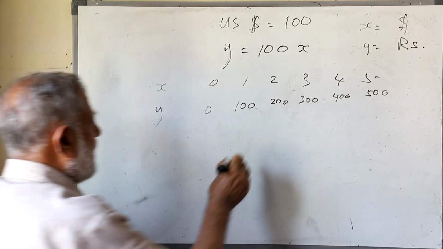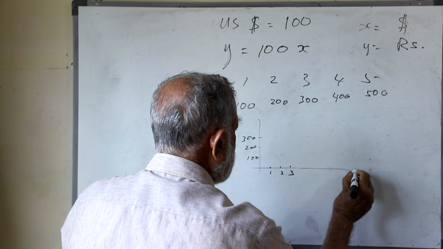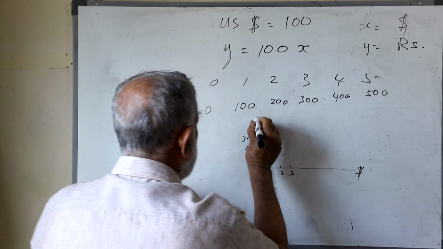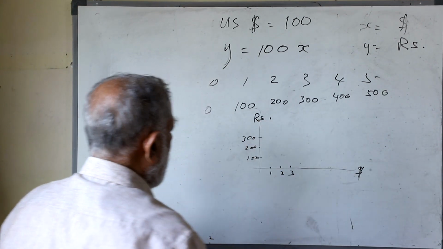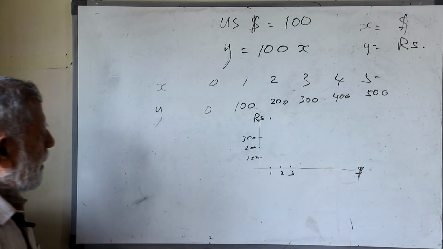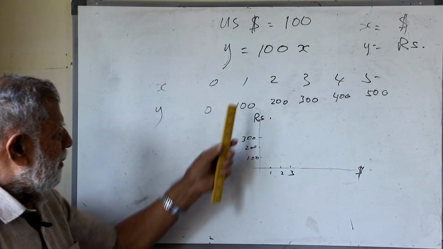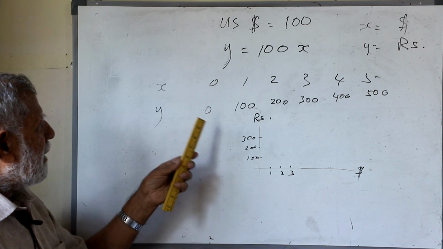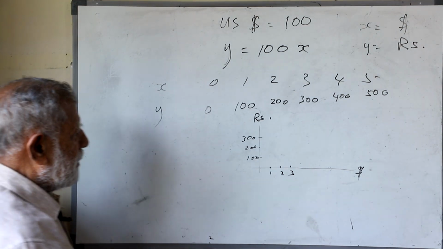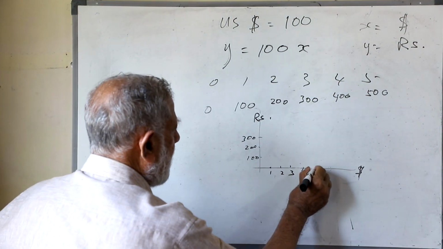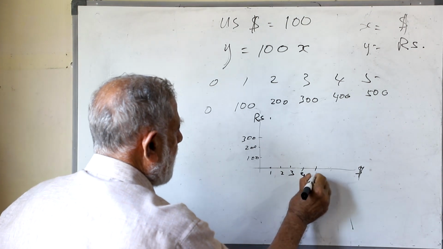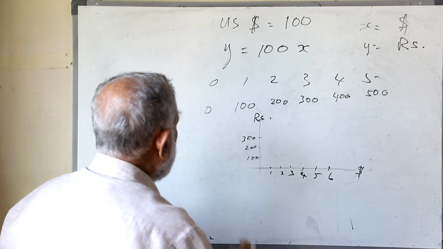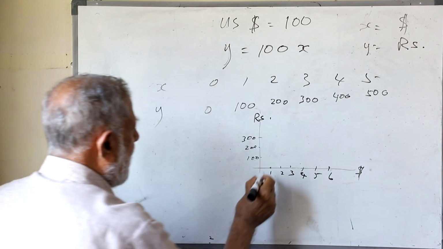So we draw a graph like this. This will be dollars, this will be rupees. These are the Cartesian plane for this. We don't get negative values for this. We just write down 1, 2, 3, 4, 5, 6 dollars.